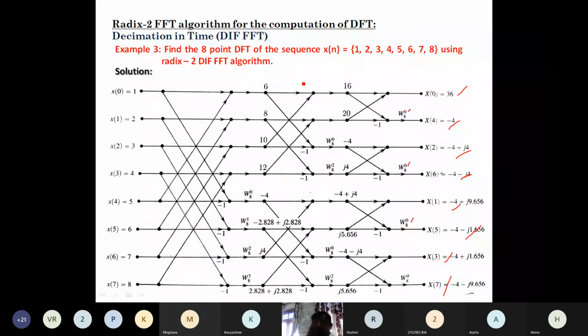So any doubt in all the three examples? Obviously, you need some practice on these things. So that will be your assignment work for this week. And these are fixed questions for 10 marks.